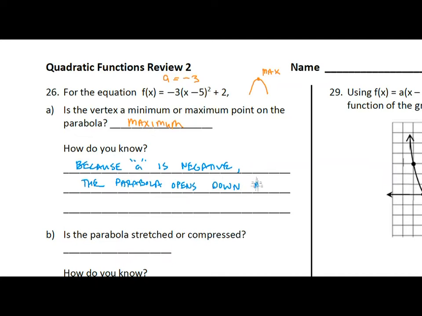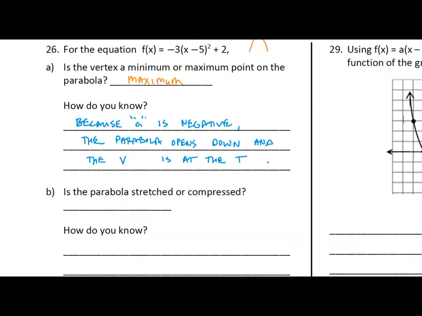And the vertex, I'm not going to write the whole word, and I'll just put one letter here, is at the top. So there you go. Because a is negative, the parabola opens down and the vertex is at the top. You could write that all kinds of ways, just as long as you give me evidence to support how do you know it is the maximum point.